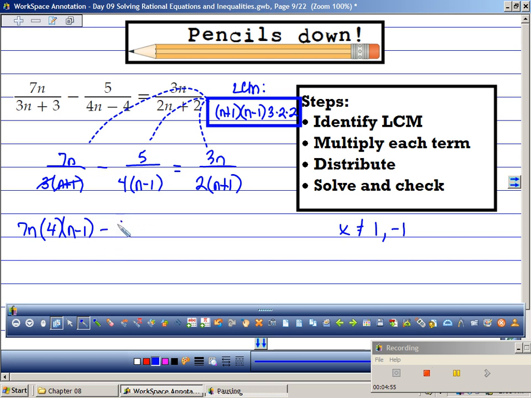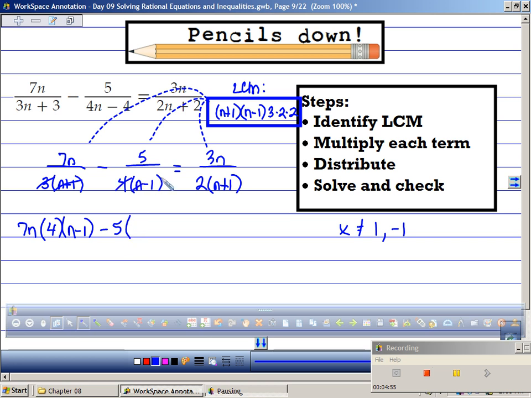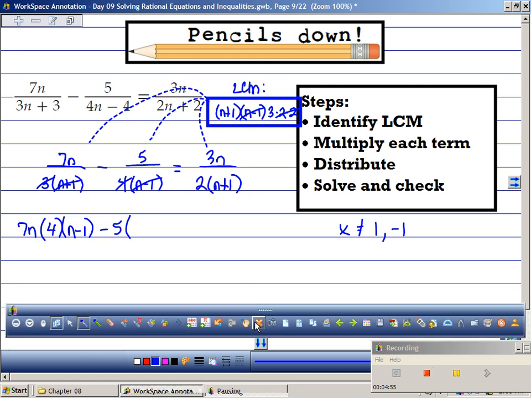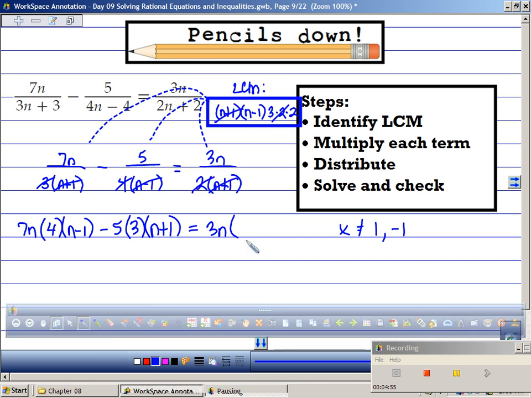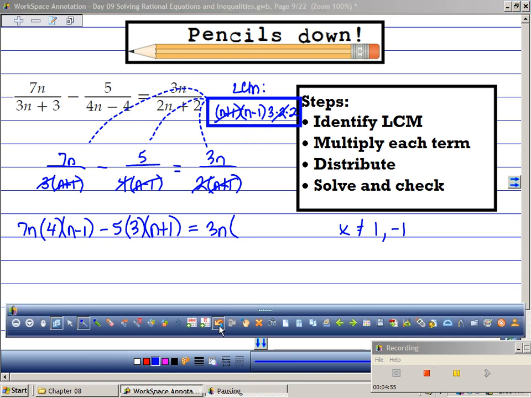Next one, minus 5 times my 4 and my n minus 1 cancel. What's left over? 3 and n plus 1. So 3 and n plus 1 equals 3n times 2 and n plus 1 cancel. What's left over? 6 and n minus 1. Good. 6 and n minus 1.